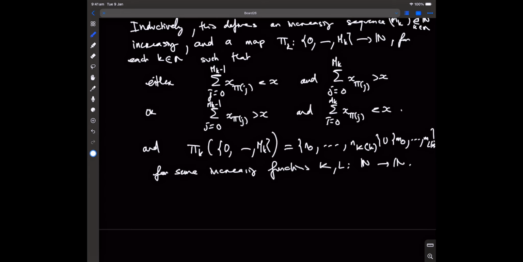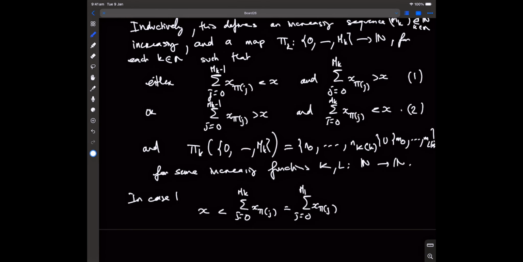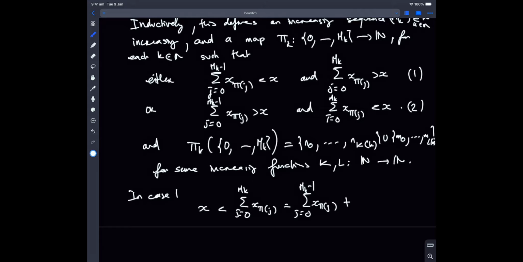The question is then, as you do that, how close to x are you getting? Let's give a name to these two cases, case 1 and case 2. So in case 1, what can I say about the sum up to m_k? Well, x is smaller than the sum from j equals 0 to m_k of the x_{pi(j)}, but that is equal to the sum of the x_{pi(j)} up to m_k minus 1 plus x of pi of m_k.